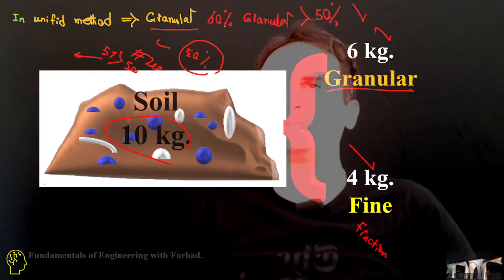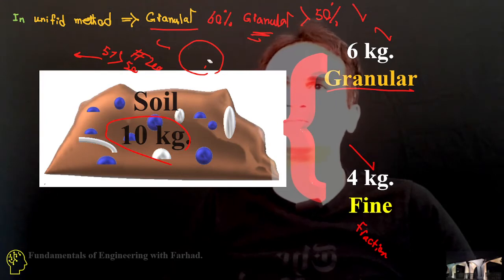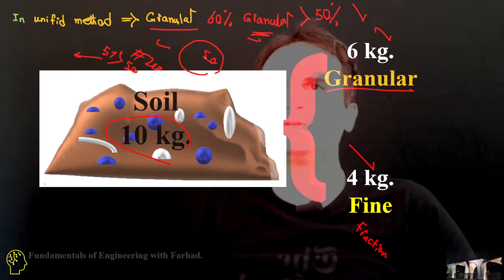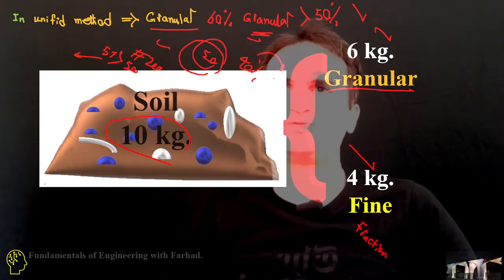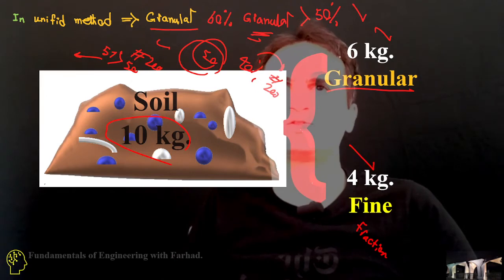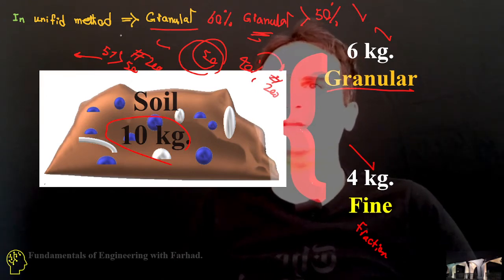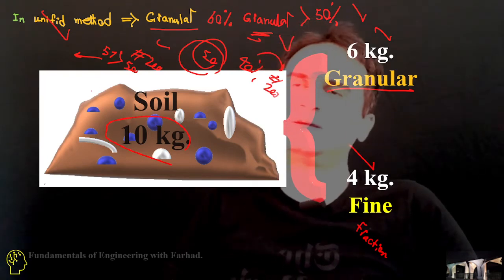So 60% is granular material, the bigger chunk of the material is granular, and 40% is passing through sieve number 200, because 40% is smaller. So definitely in the Unified system, it is considered a granular soil.